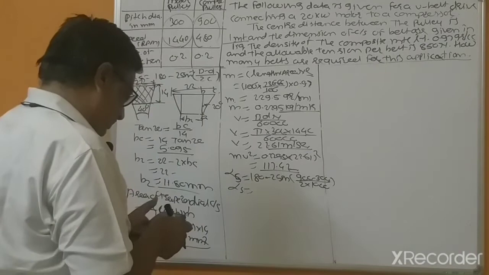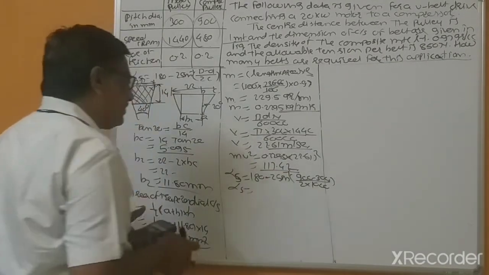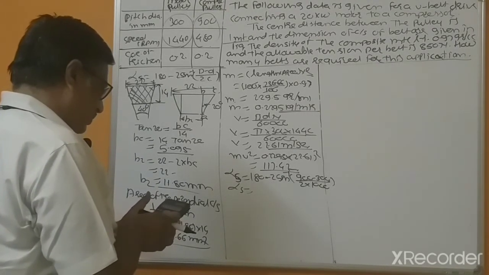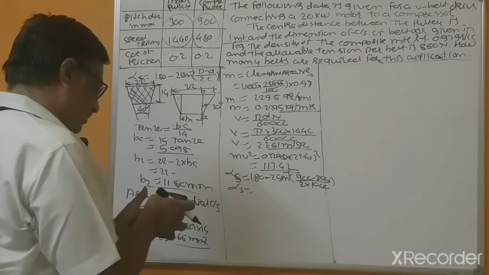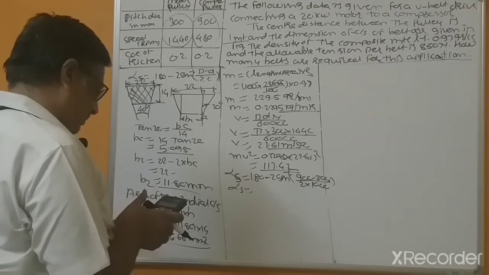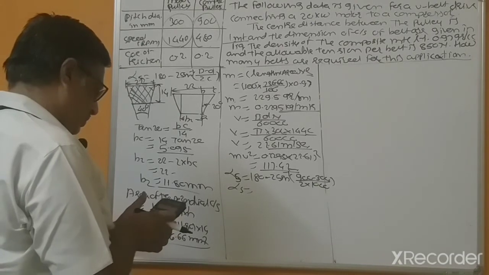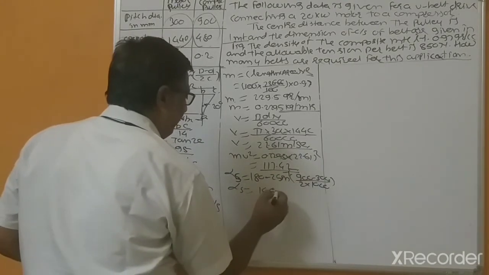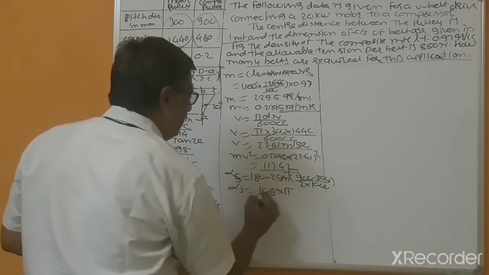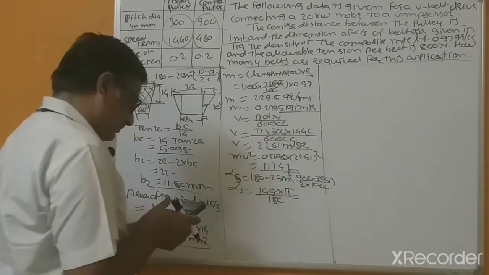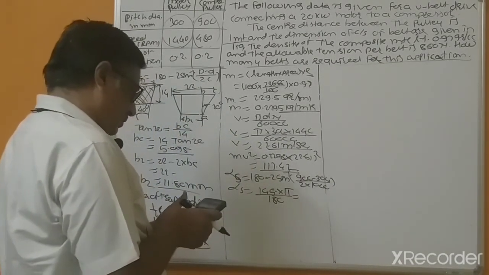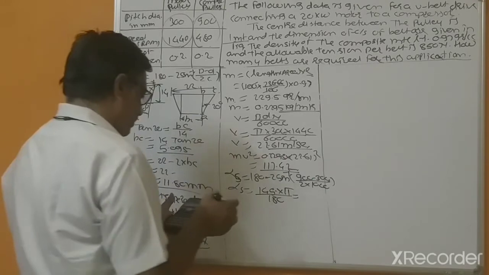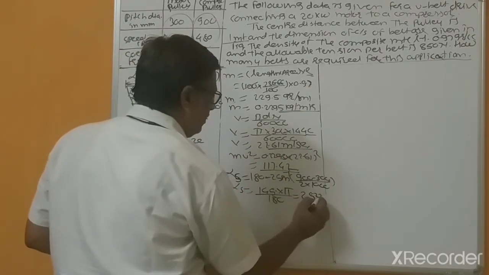Alpha s equal to 180 minus 2 sine inverse of (900 minus 300) divided by 2000. This is equal to 145 degrees, multiplied by pi divided by 180 equal to 2.5322.